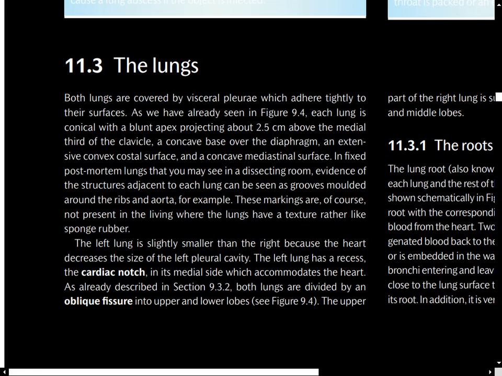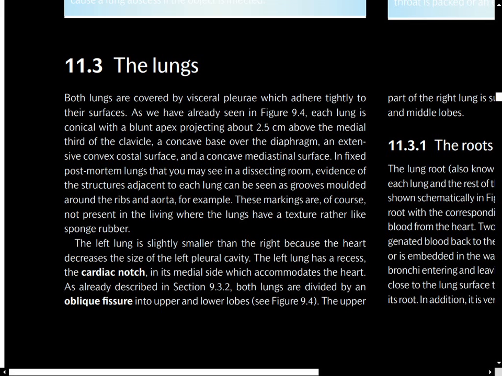The left lung is slightly smaller than the right because the heart decreases the size of the left pleural cavity. The left lung has a recess, the cardiac notch, in its medial side which accommodates the heart.